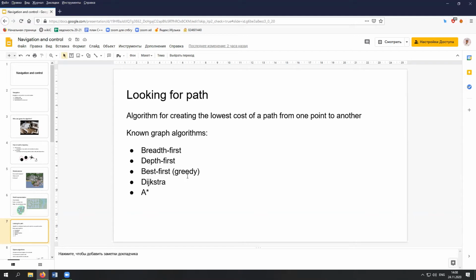Fun fact: for large graphs with random weights, there was research that the greedy algorithm doesn't bring the optimal weight of the path, but its weight is only 10% greater than the weight of the optimal path that is built by Dijkstra or A-star algorithm.